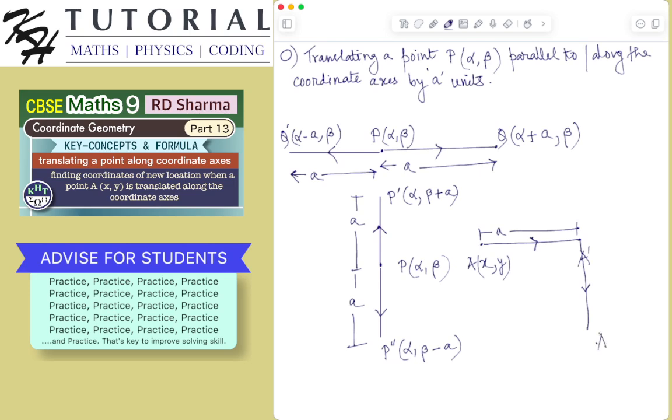So the final location of the point A is denoted by the point A double dash, and we are asked to find the coordinates of the point A double dash.